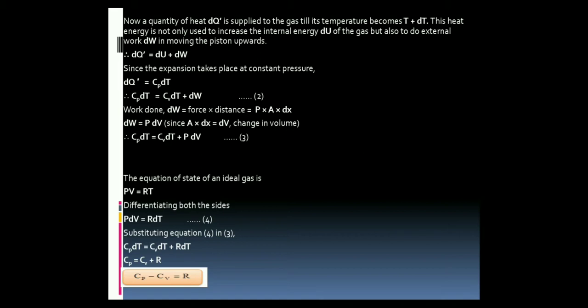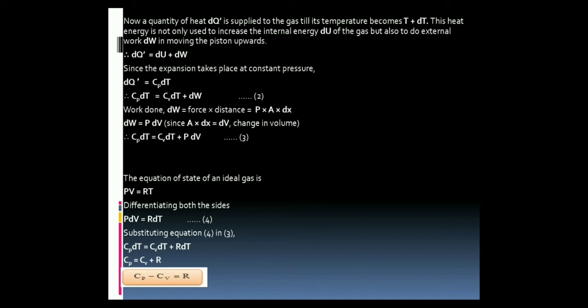The work done dW is equal to force into distance, which is equal to P into A into dx. So dW is equal to P into dV, since A into dx is nothing but dV, the change in the volume. Cp into dT is equal to Cv into dT plus P into dV. This is our third equation.